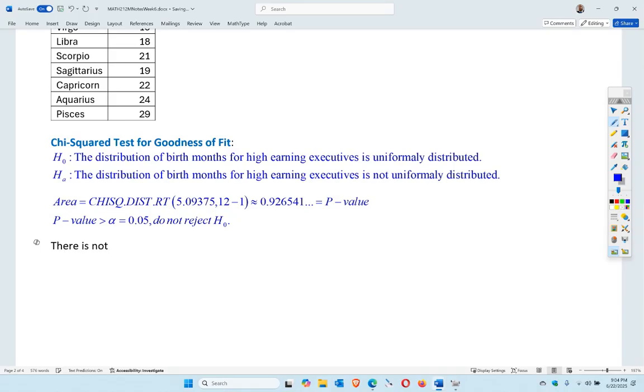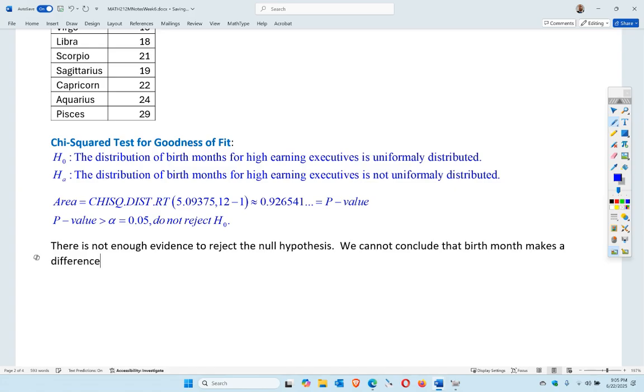So there is not enough evidence to reject the null hypothesis. We cannot conclude that birth month makes a difference in being a high-earning executive, or a predictor maybe.